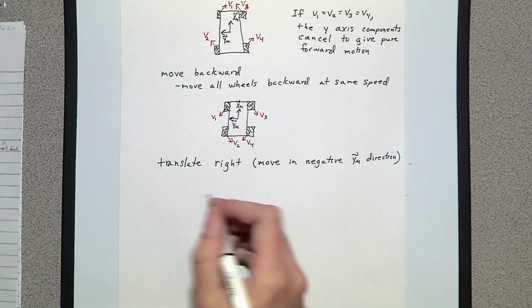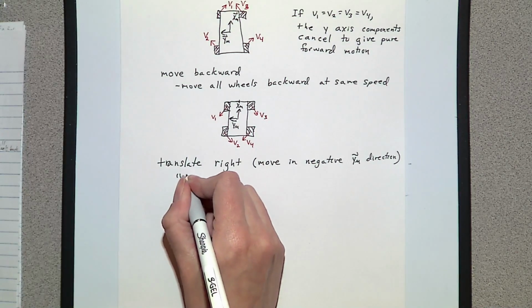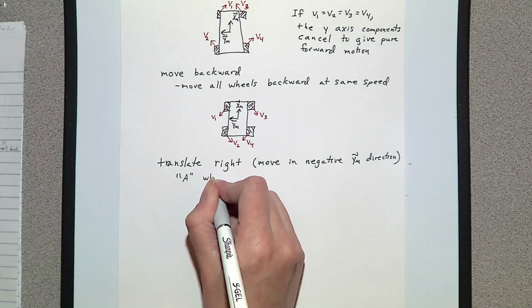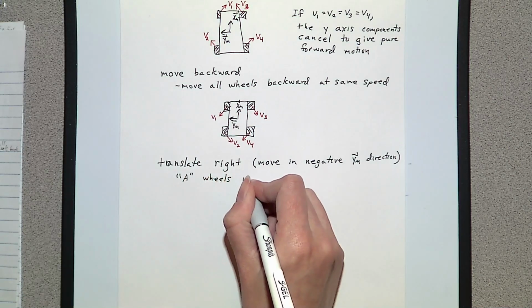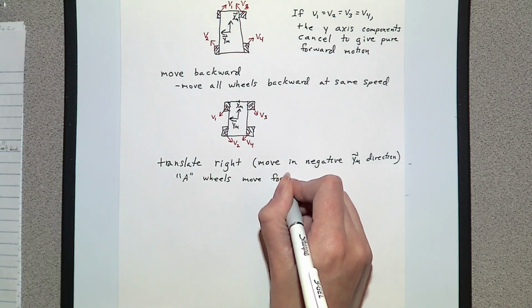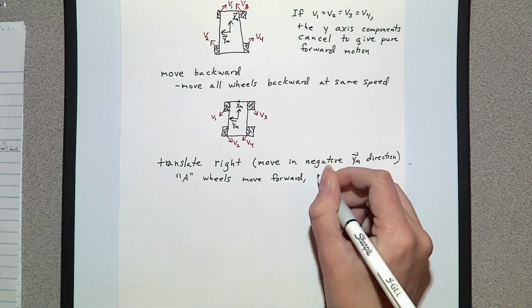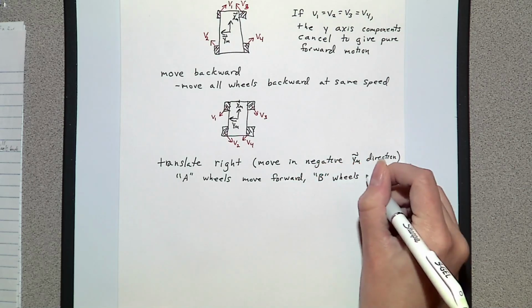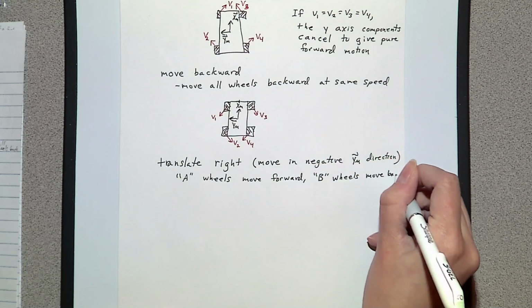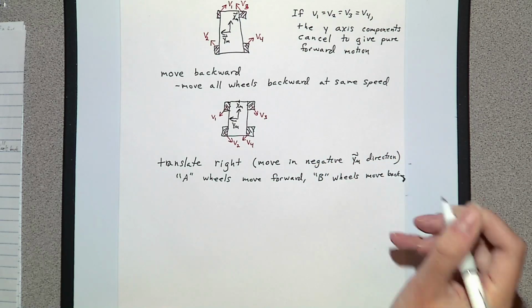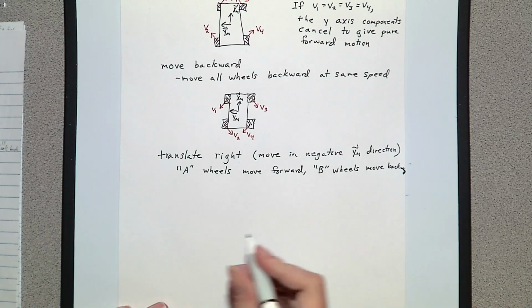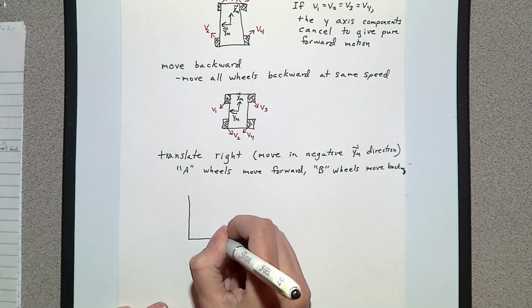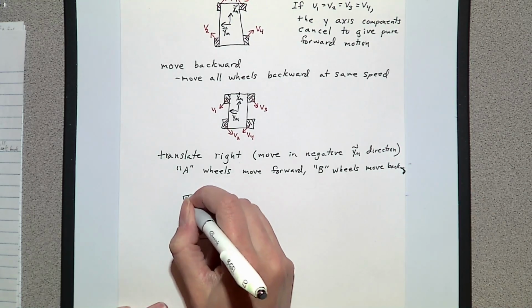So in this case, what we want to do is the A wheels, we move forward, and the B wheels move backward. So what does that look like?